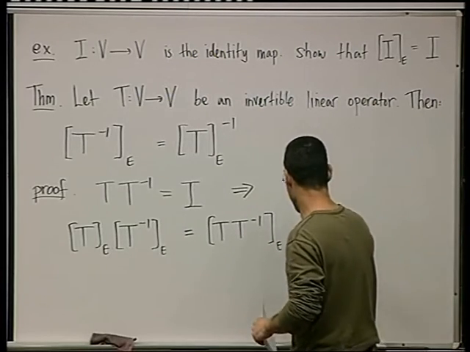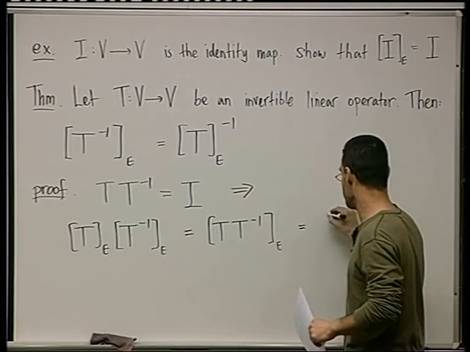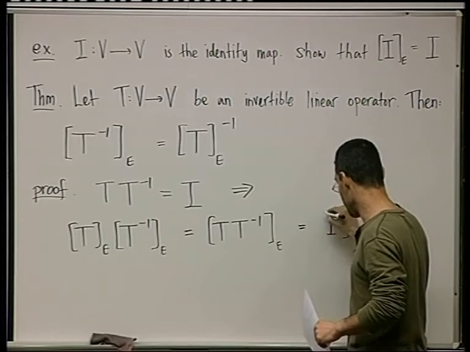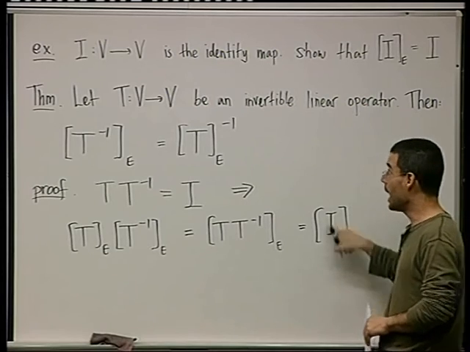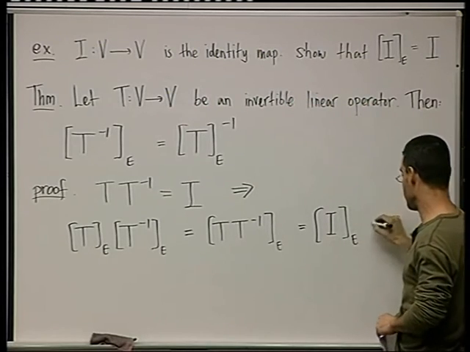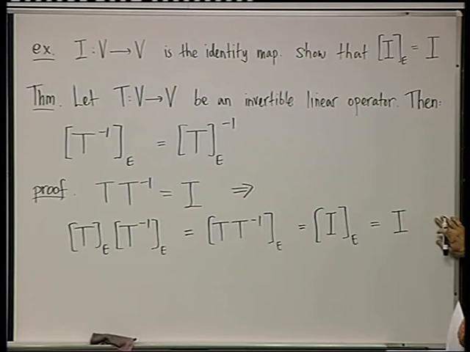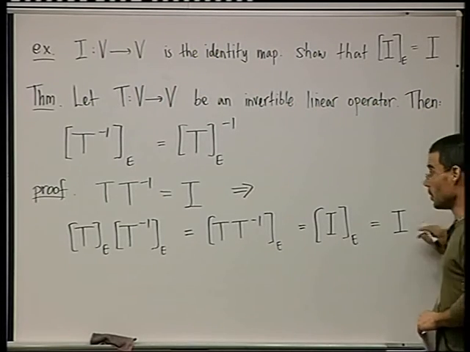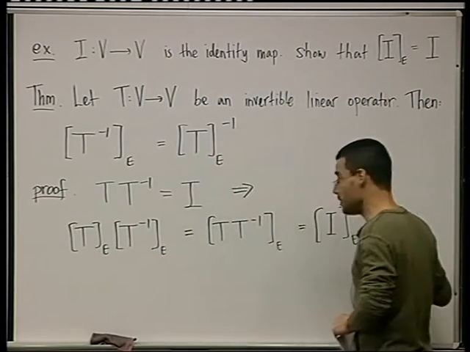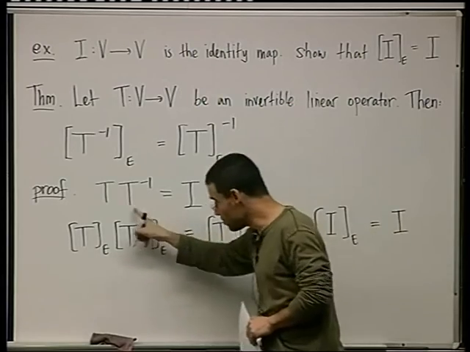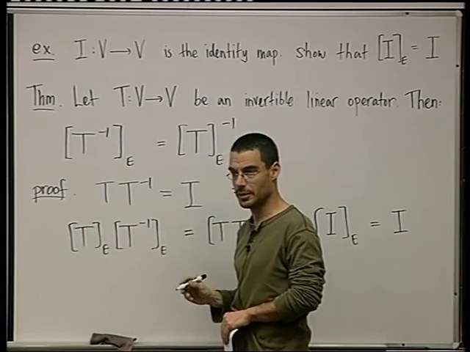Okay. And what is the matrix that represents T T inverse? It's I. It's the matrix representing the identity map. And we just said as an exercise, this is just the matrix I, right? So this matrix times this matrix is the identity matrix. So this matrix is the inverse of this matrix.